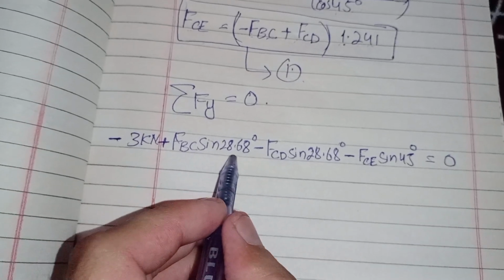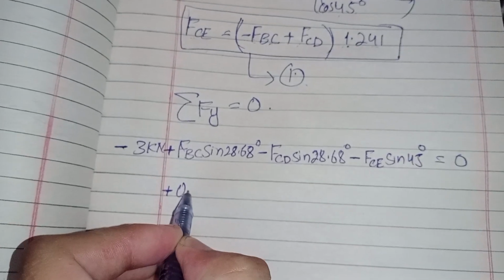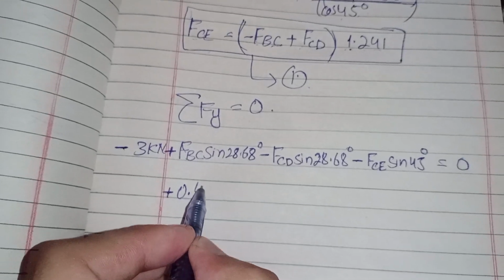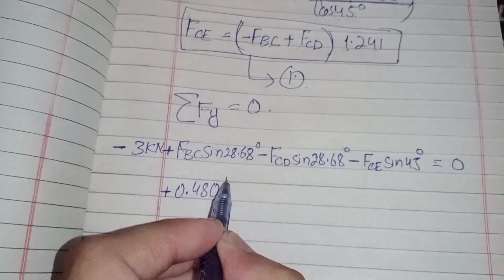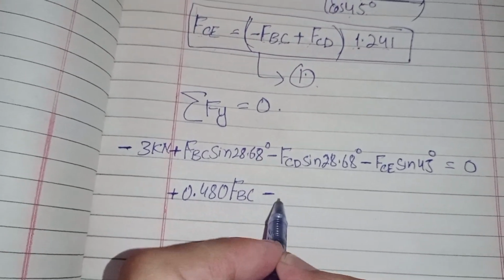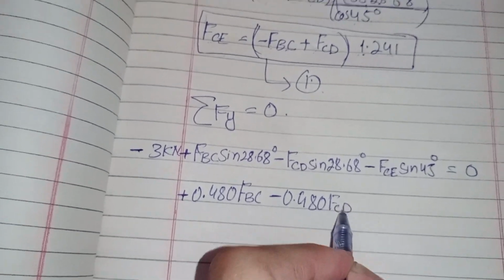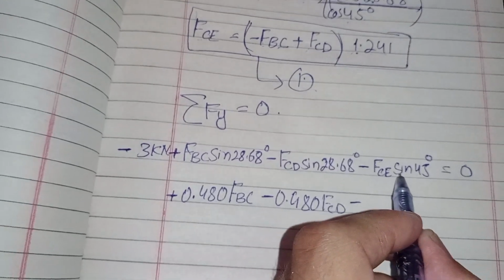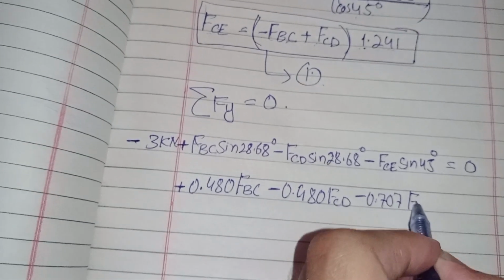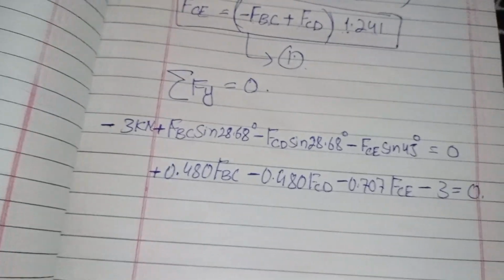Okay, so if you calculate sin 28, it will come plus 0.480 F_BC, and also negative 0.480 F_CD, also negative 0.707 F_CE, negative 3 will equal to 0.